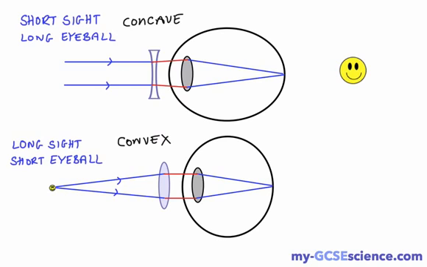Okay, so again we can see a much sharper image. So when we wear glasses for long sight and short sight, it depends on which one you have, but the lens will also be determined by what kind of correction you need in terms of your eyesight.